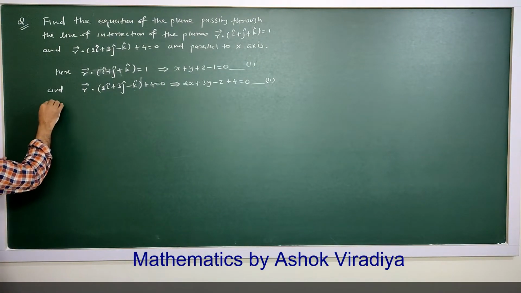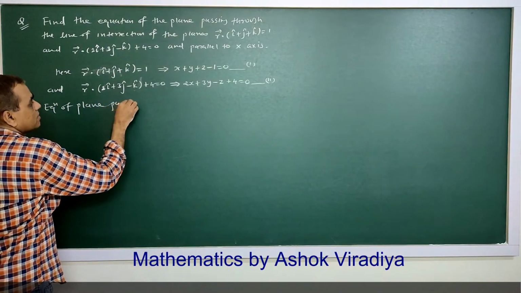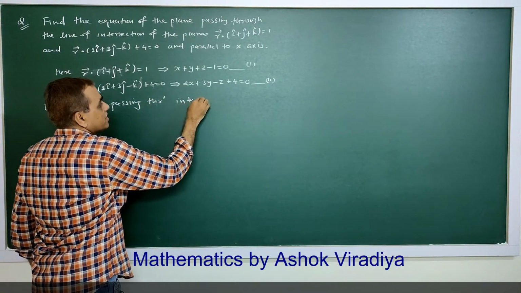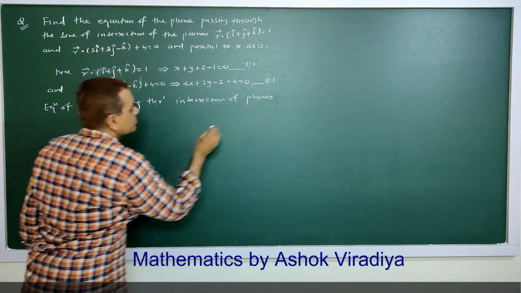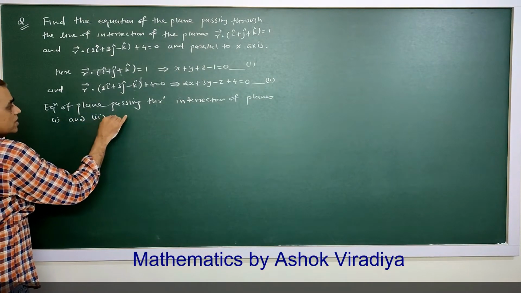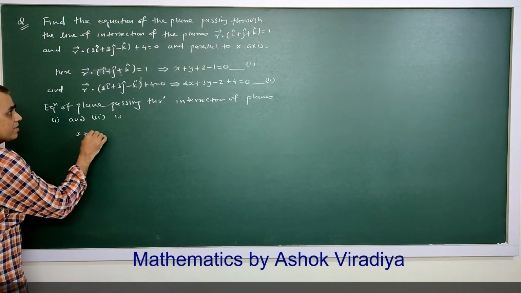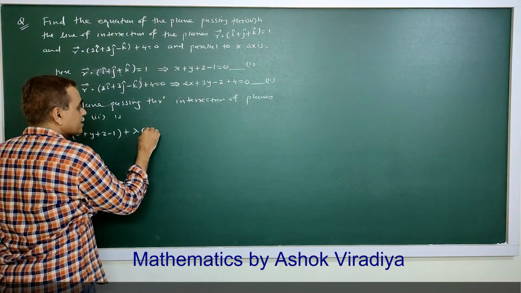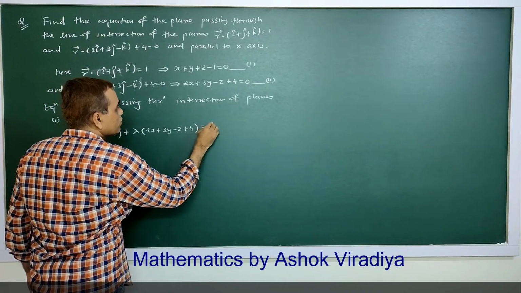So the equation of the plane passing through the intersection of planes 1 and 2 is, by the result, (x + y + z - 1) + lambda times (2x + 3y - z + 4) = 0.